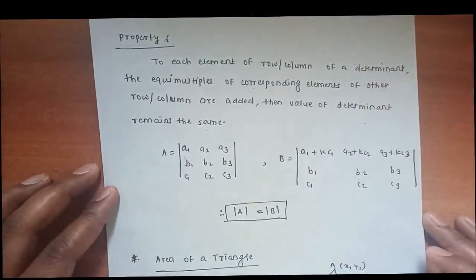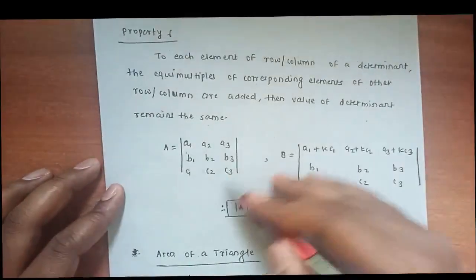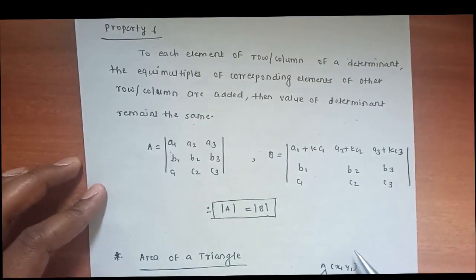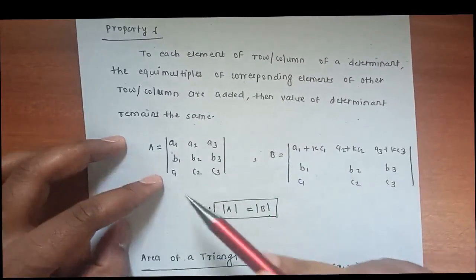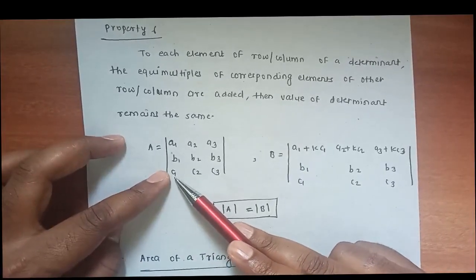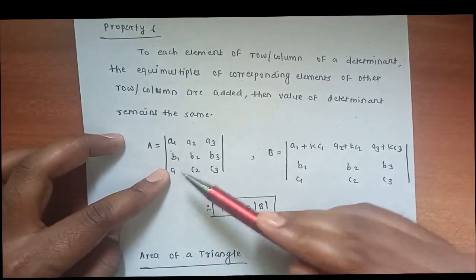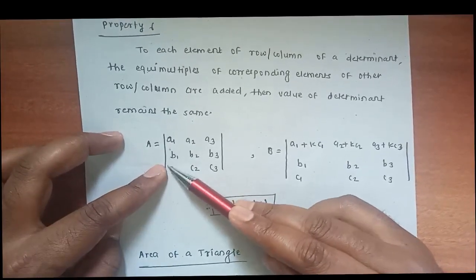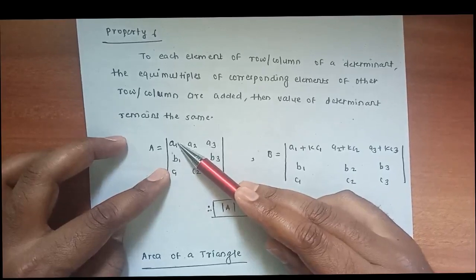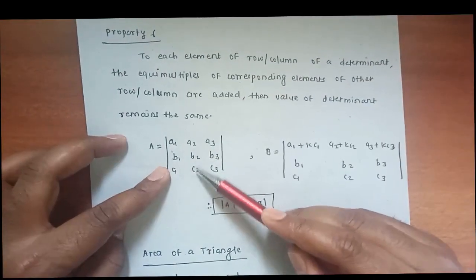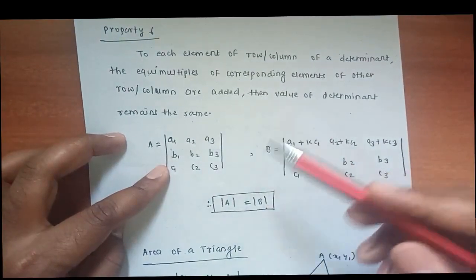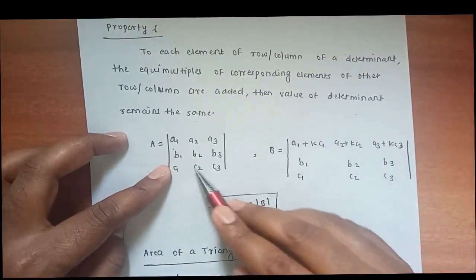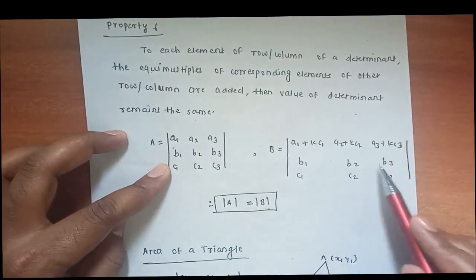The next one is property 6 of determinants. Suppose a determinant is given. In it there is a change: if I multiply any constant, suppose k, to the third row, so kc1, kc2, kc3, and add this to the corresponding elements of the first row, then after addition I will get a determinant like this.